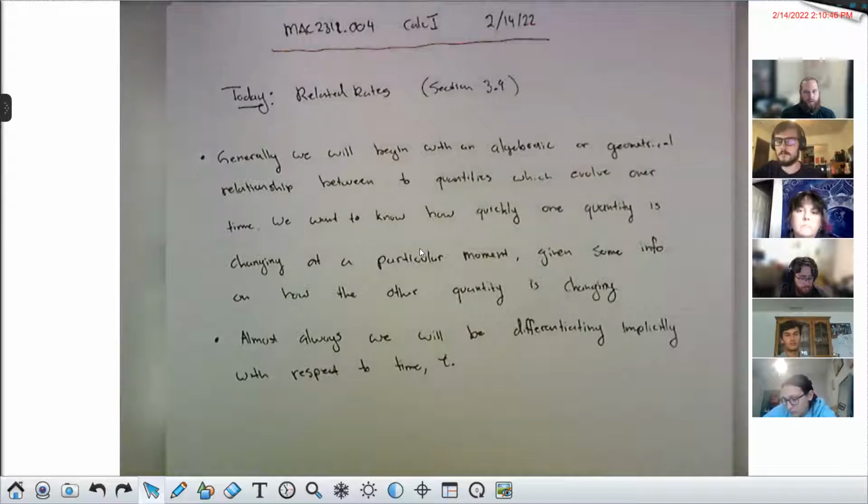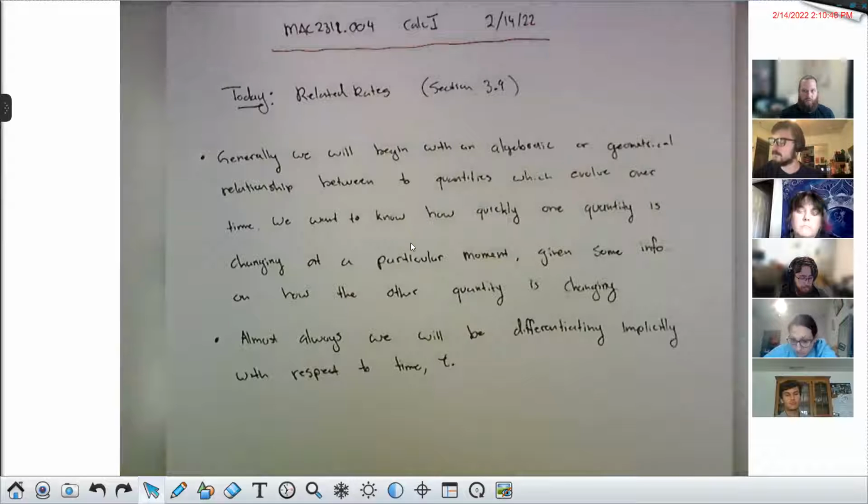What this means is that whatever other variables you have in your expression, you're going to treat them the same way we treated y when we learned implicit differentiation, right? So when we learned how to differentiate an expression implicitly, every time you bumped into a y, you would differentiate it like normal and then slap on a y prime.